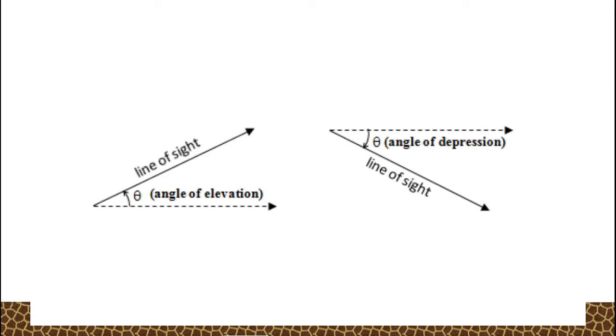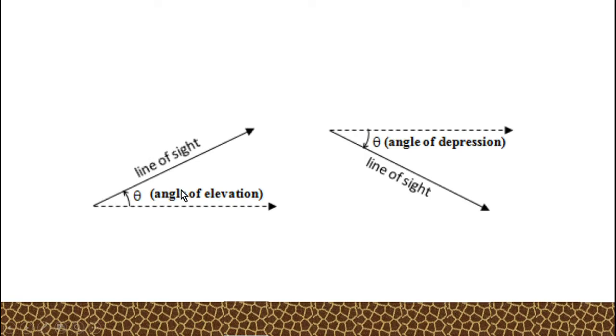Another thing to remember in your right triangle is the angle of elevation and the angle of depression. The concept of angle of elevation and angle of depression is often encountered in most applications of the right triangle. The angle of elevation or depression is the acute angle whose vertex is determined by the line of sight and the horizontal line.